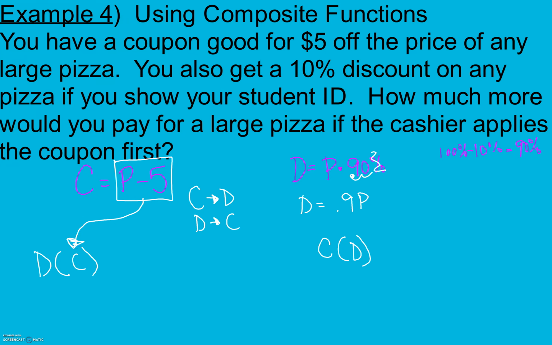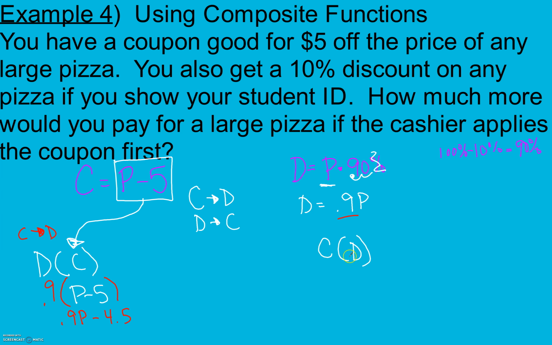I substitute that in to D. So I'm still going to multiply by the 0.9. I distribute: 0.9p minus 4.5. And this is coupon, then discount.